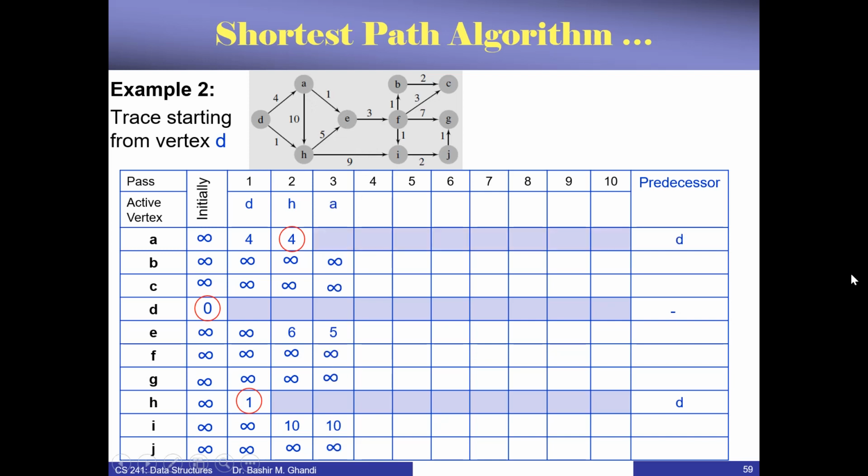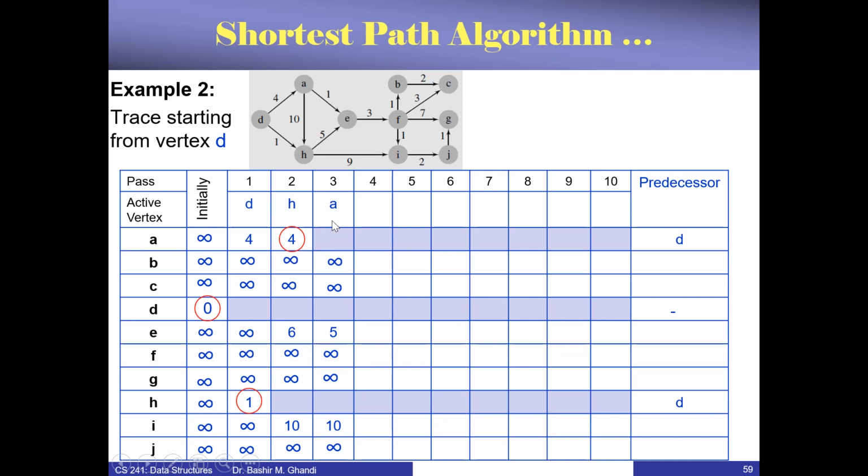So this is what you have after finalizing A with the predecessor as D, as I emphasized. The predecessor is not H but D, where we got the 4. Only this value will change. 6 will change to 5. The rest of the values are only copied directly from the previous column.